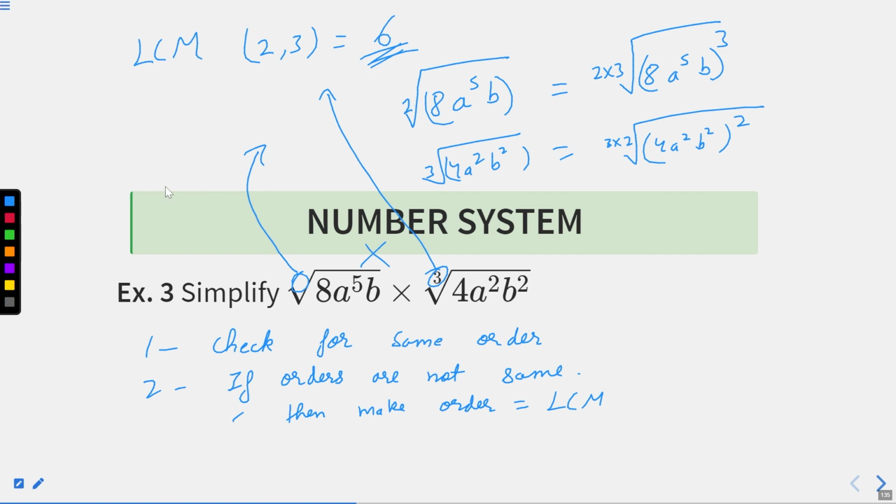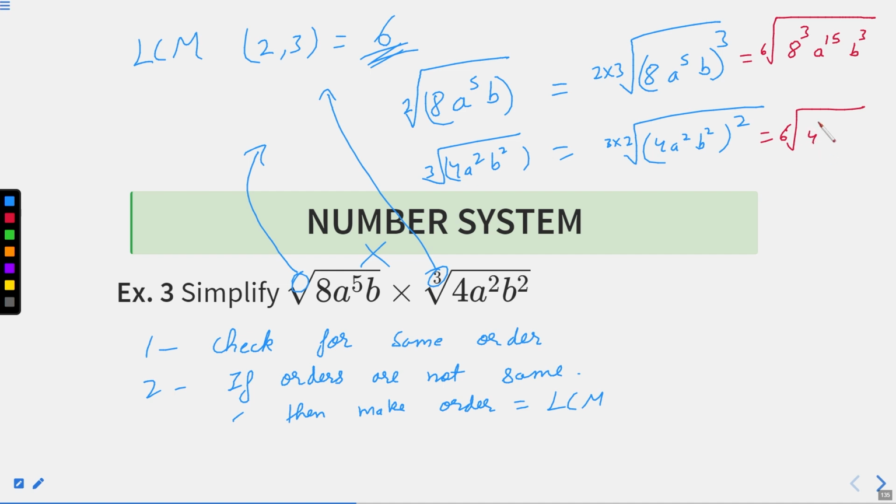Now I will do the simplifications. It is the 6th root. I give the powers: 8 cubed, a^5 times 3, which is 15, b^3, and this one is also the 6th root.